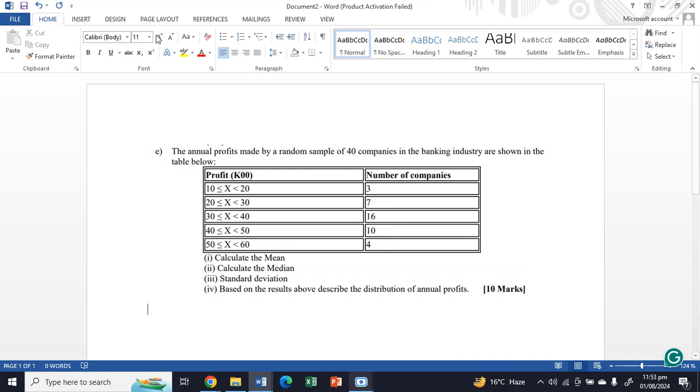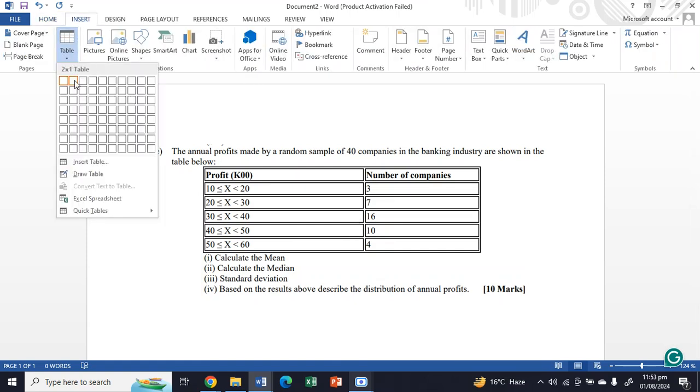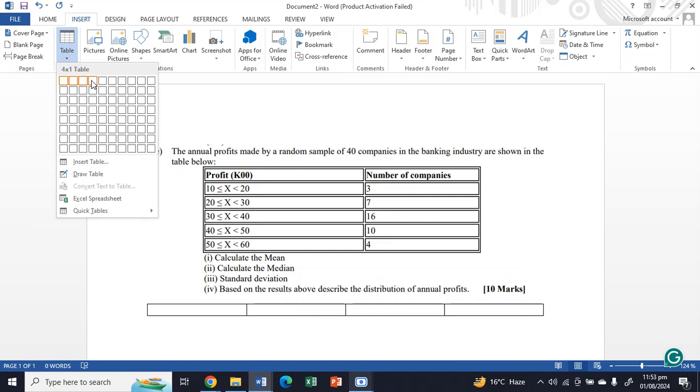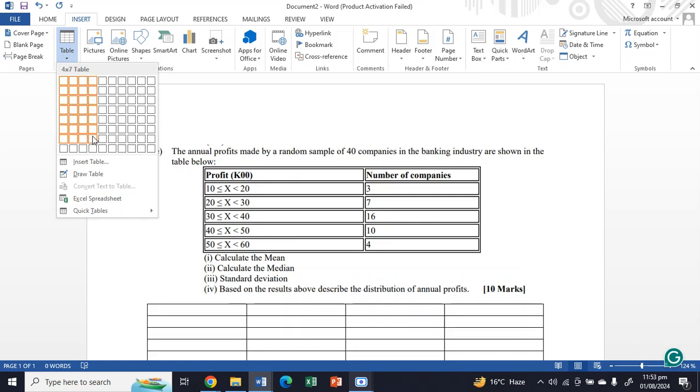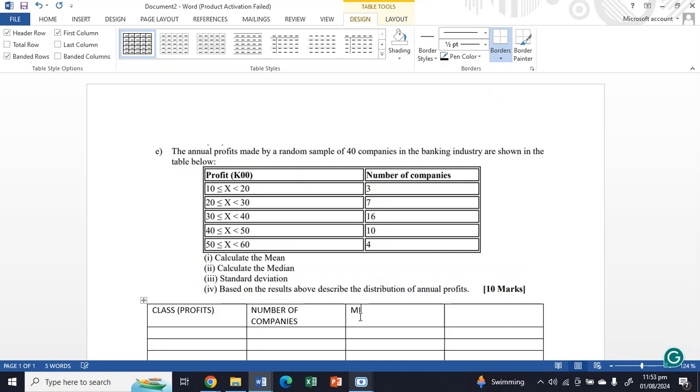So first things first, we need to make our table here. So we have our classes, which represent the profits, the number of companies. Then we need to get our midpoints.